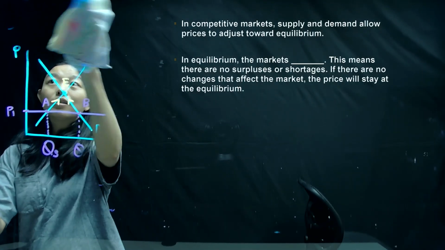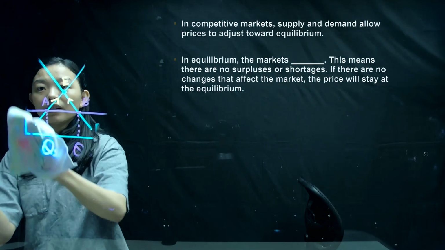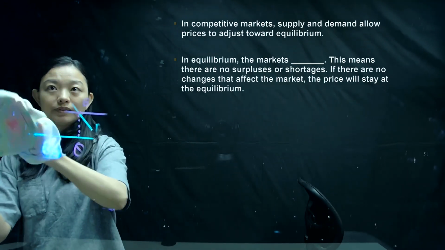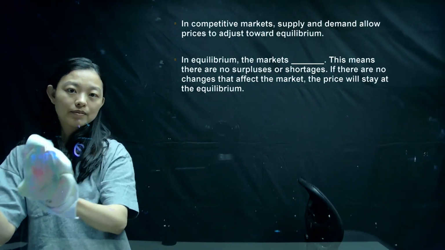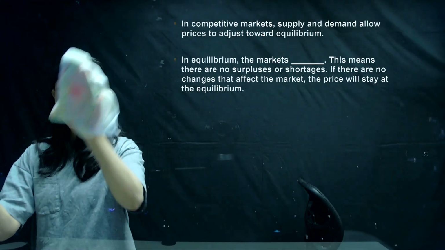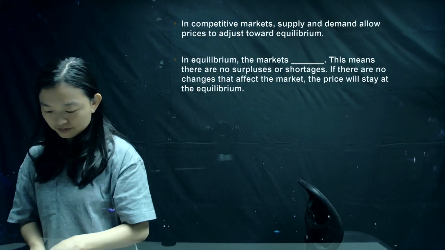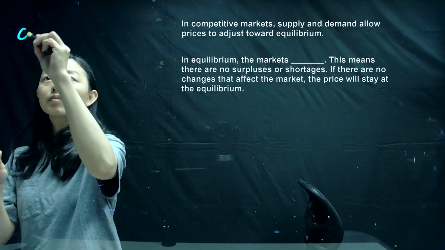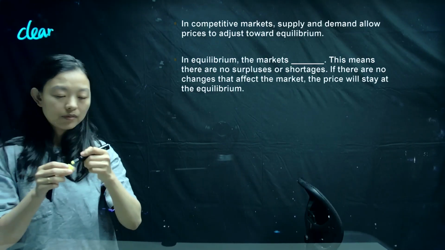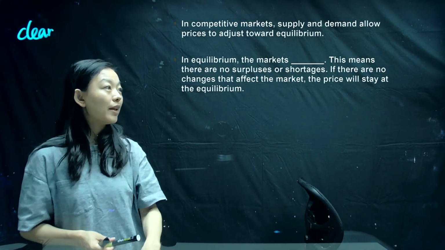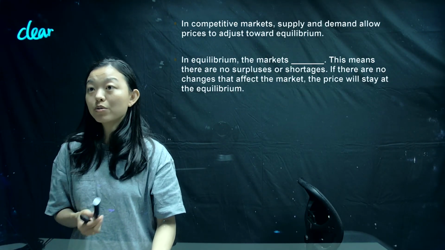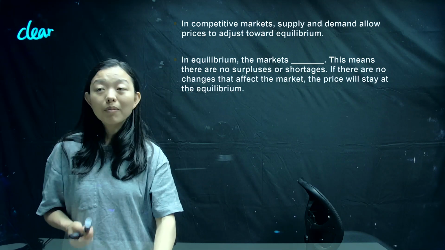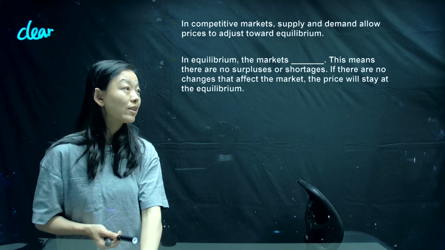The market will clear when the market reaches the equilibrium. When the market clears, it means there is no shortage, no surplus. The market reaches the equilibrium. All right.